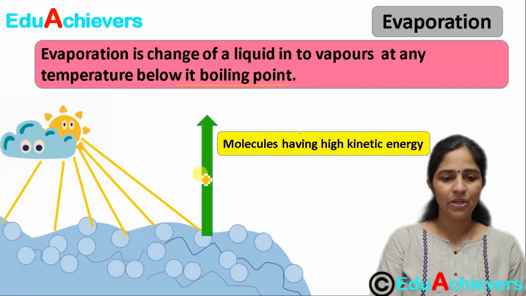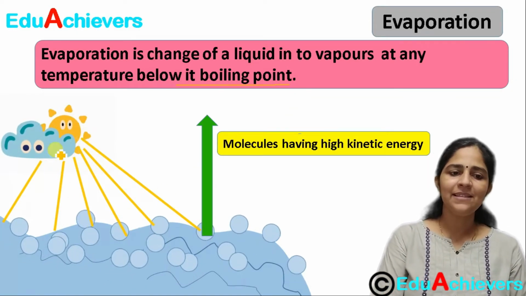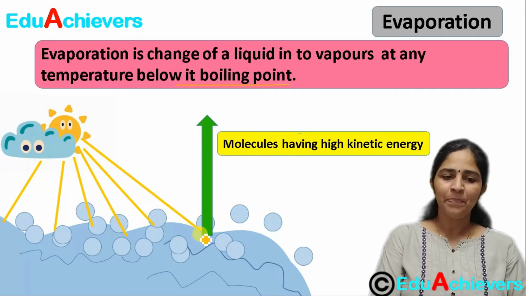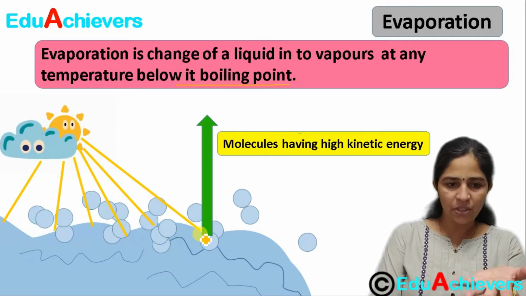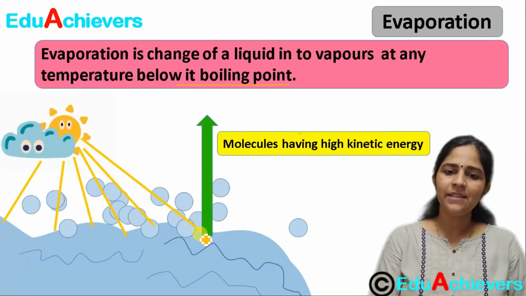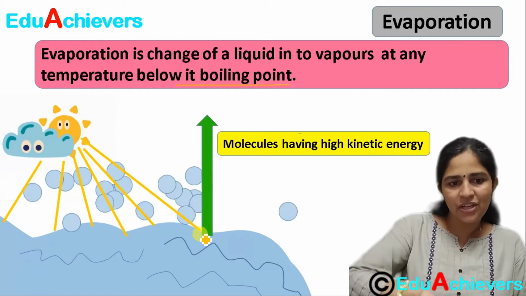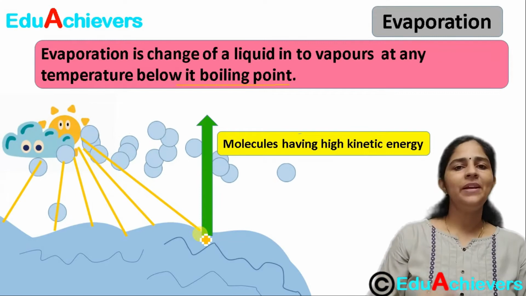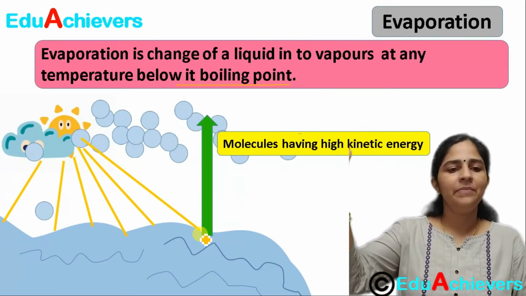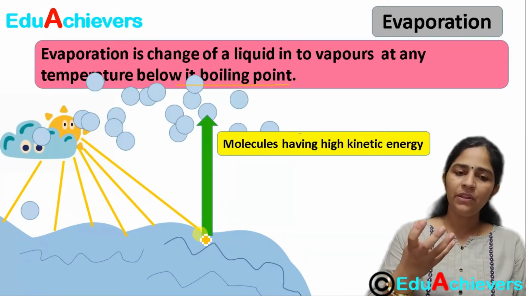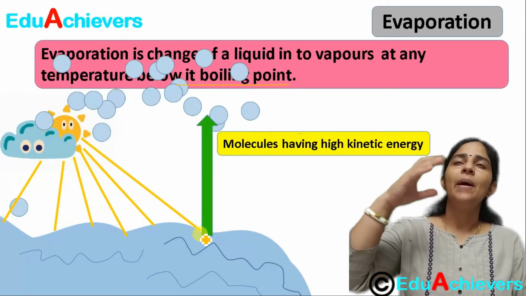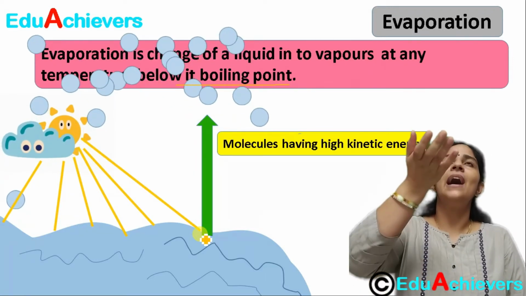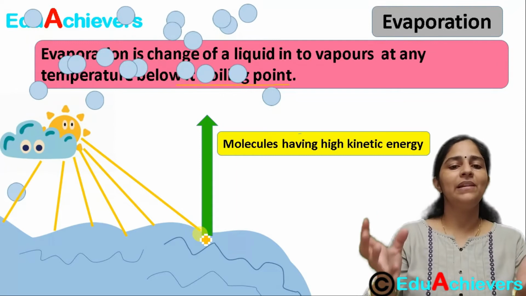Now, how does evaporation take place? You can see here, as the sun rays fall on the water bodies, the water molecules on the top layer of the water bodies absorb the heat and change into water vapors, and those water vapors rise up in the atmosphere. The water will evaporate and reach the higher layers of the atmosphere and form clouds there.